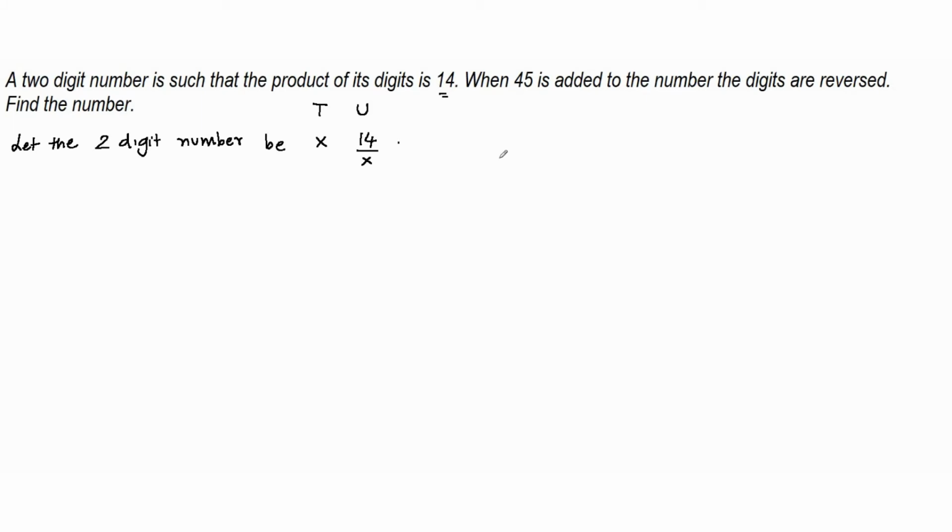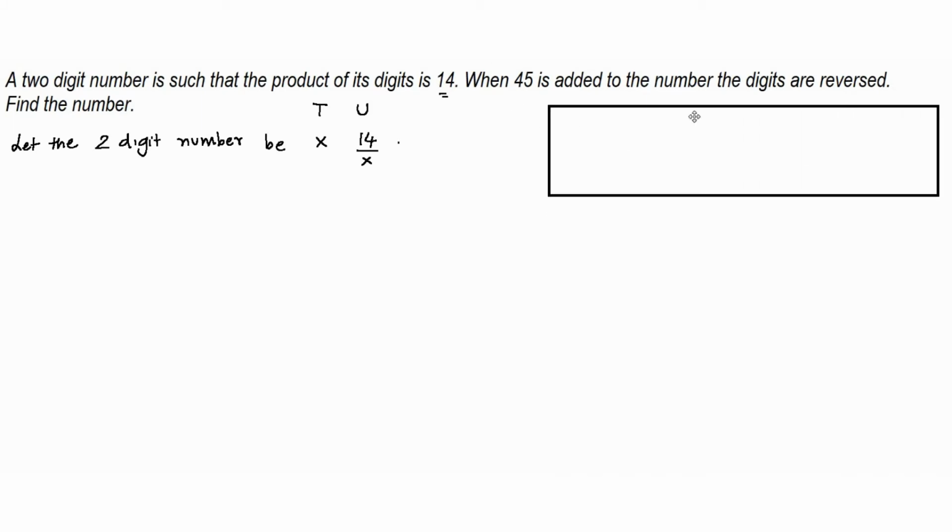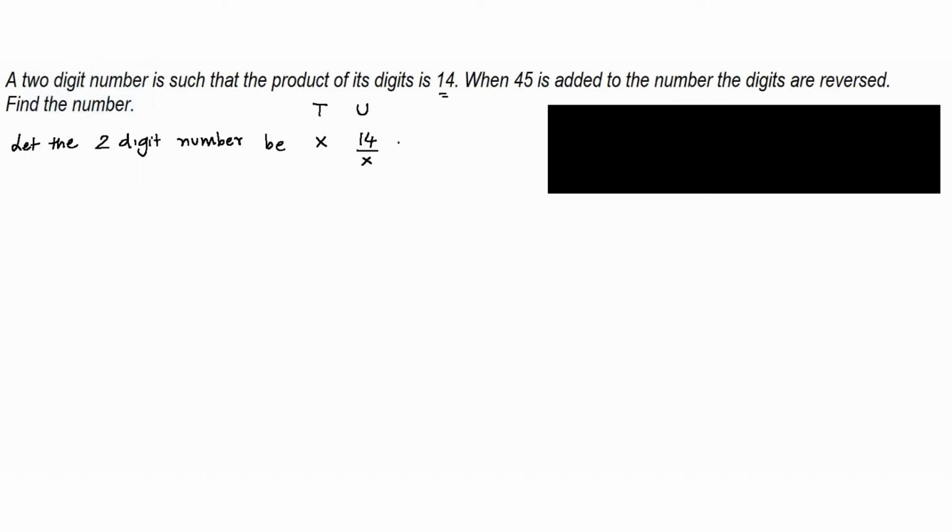When 45 is added to this number, so let us write that condition. When you add 45 to this number, x and 14 upon x, these are the two digits. When you add 45 to this number, the digits get reversed.